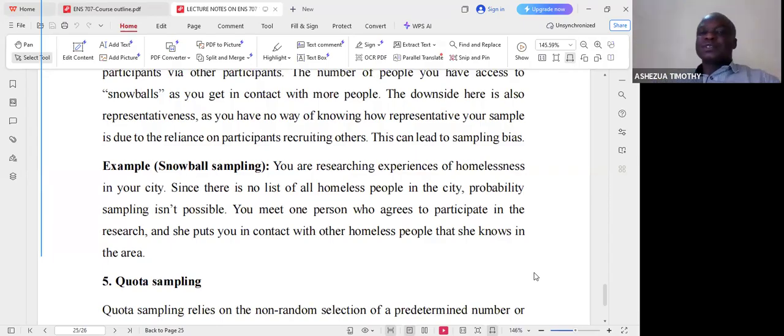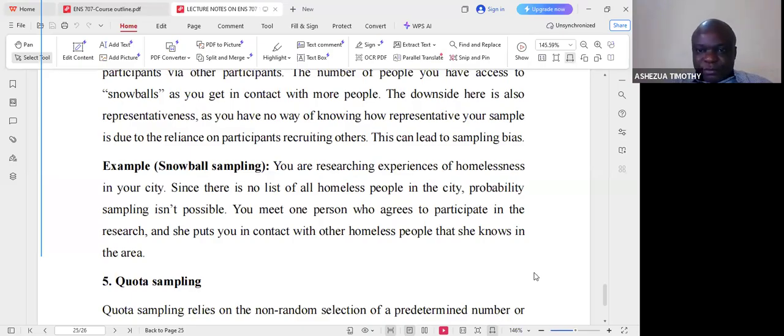So under snowball sampling, you have to be careful with how you perform the sampling, because if you don't have a list of all homeless people, you need to meet one person who is homeless to link you to the others, so that you can take all the data that you require to make reasonable analysis and draw reasonable conclusions.